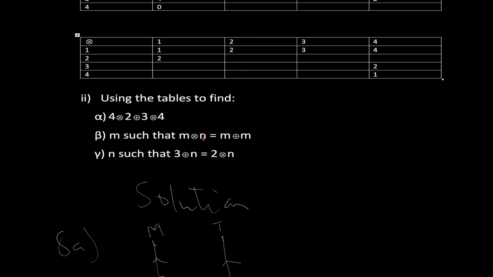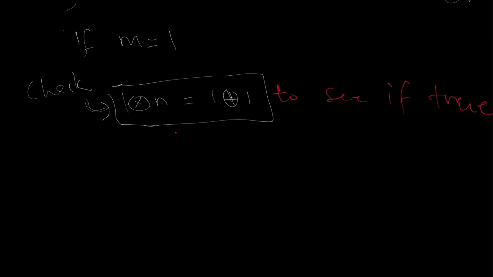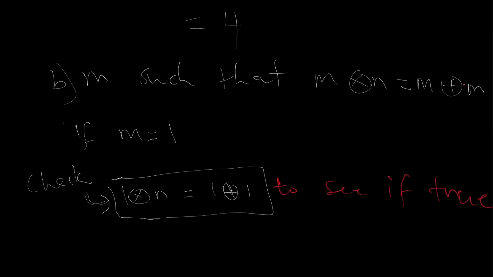This should be m. m times m is equal to m plus m. So m is such that m times m should be equal to m plus m.